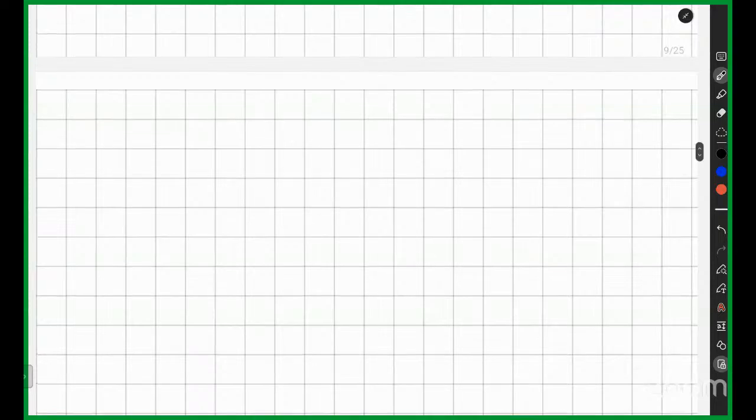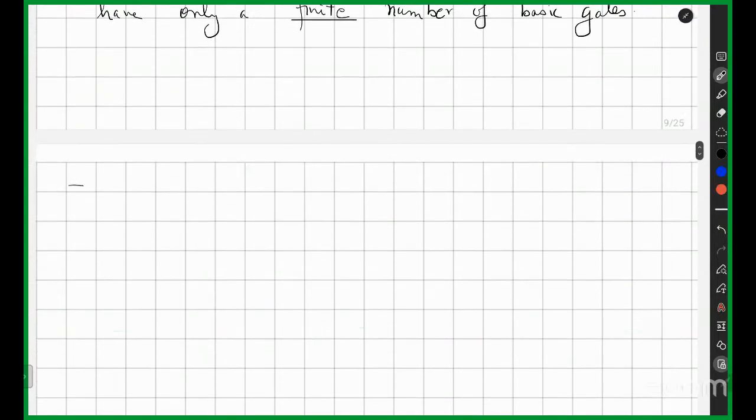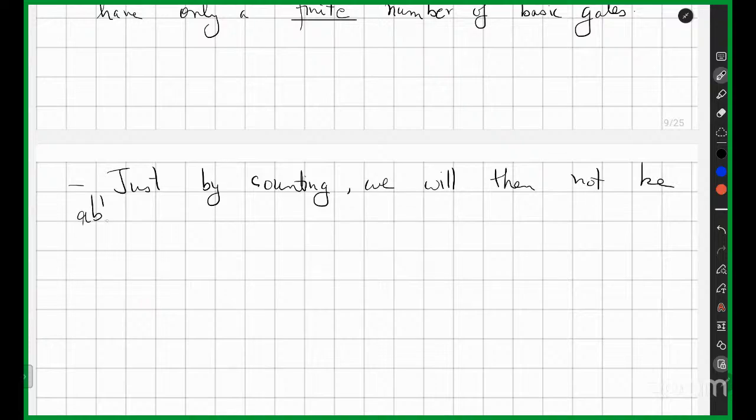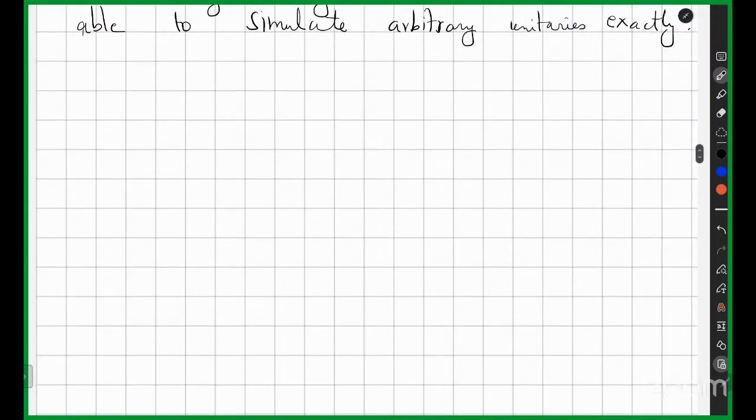So just by counting, you cannot simulate exactly, only approximately.